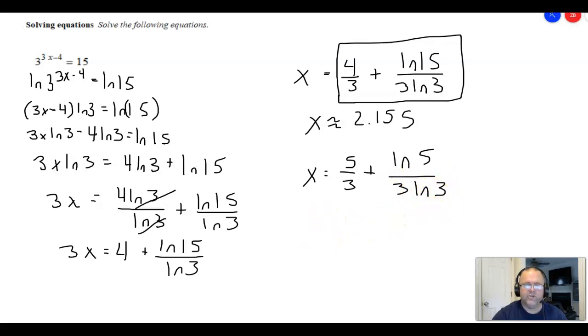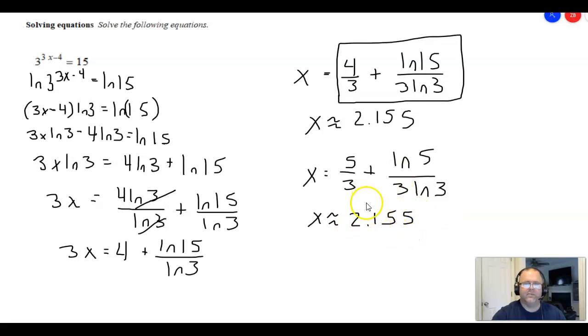And if you check that in your calculator, you actually get the exact same answer, 2.155, and it will actually be the same decimals, or the same values, even if you go farther out than that.